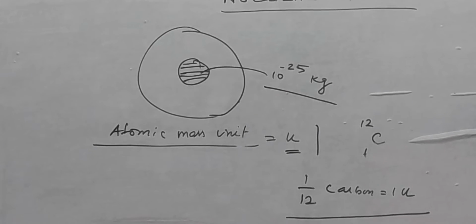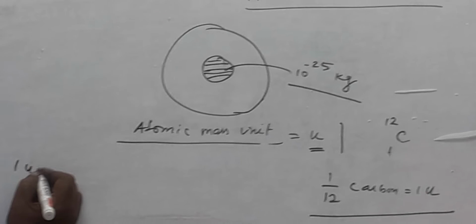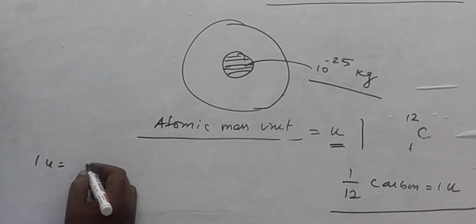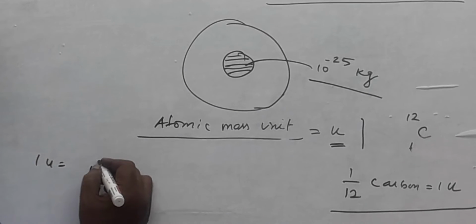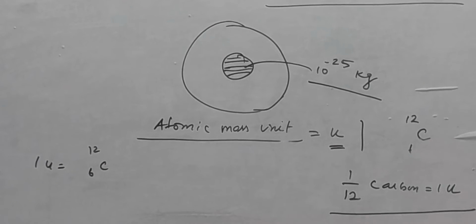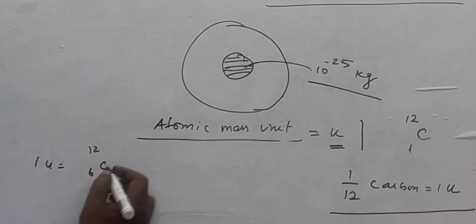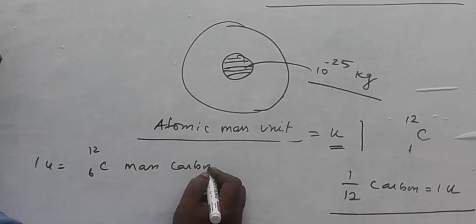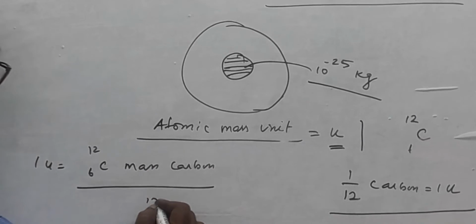For example, 1 u equals the mass of carbon 6C12 divided by 12.